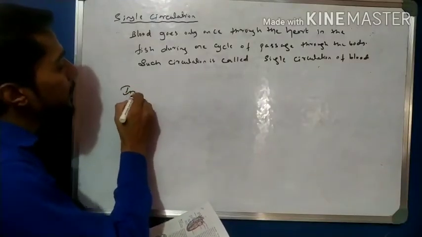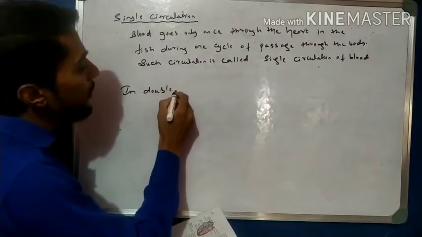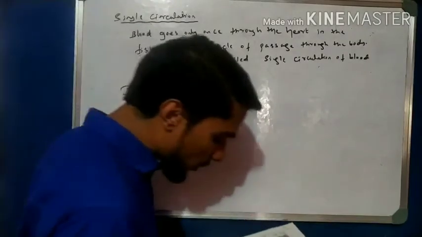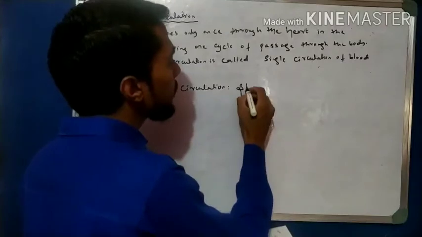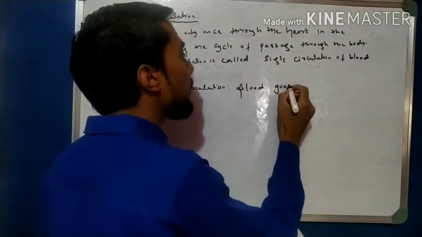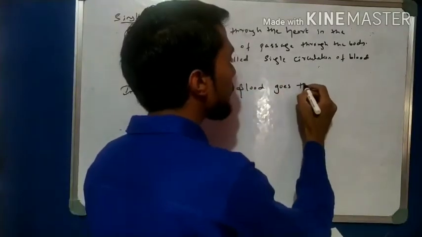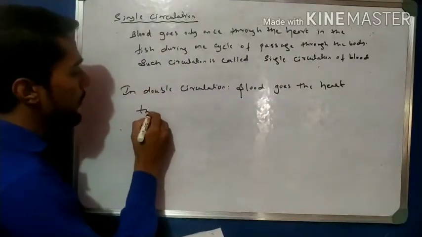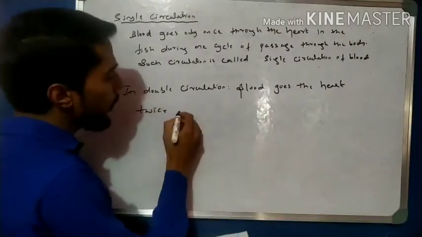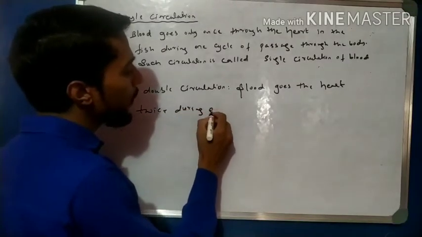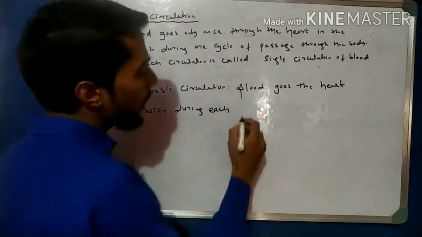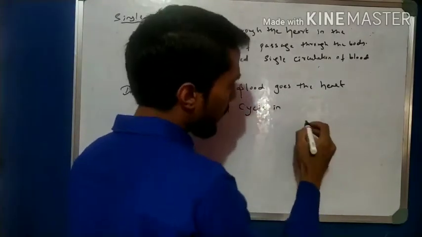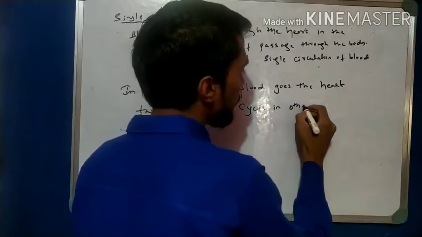In double circulation, blood goes through the heart twice during each cycle in other vertebrates.